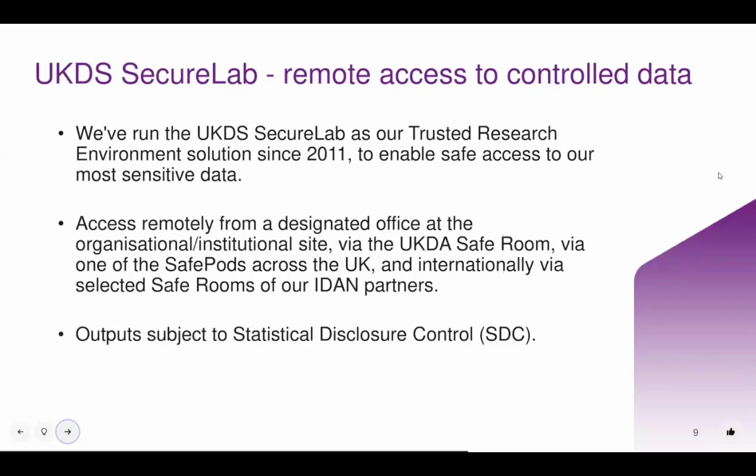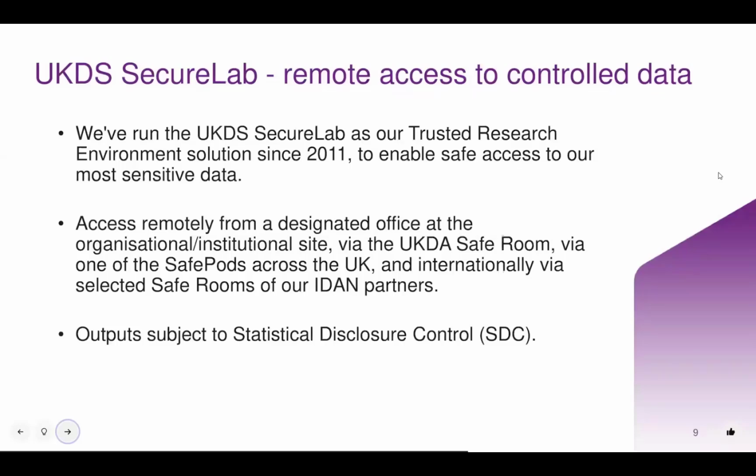The last point here is that there are some selected data sets, and that was one of the reasons we asked for the countries. There are some selected data sets in our catalog that are eligible for application from users that are not based in the UK.